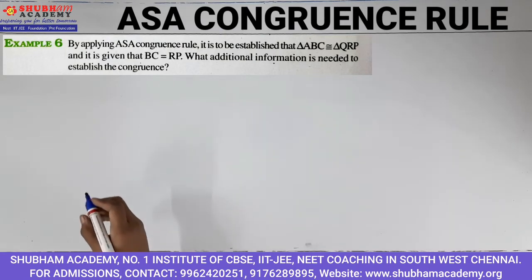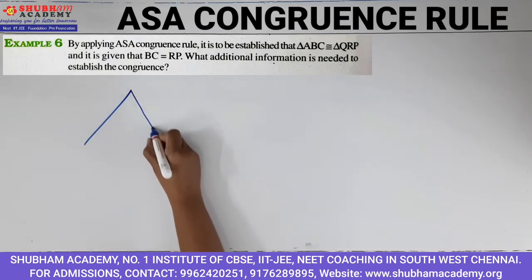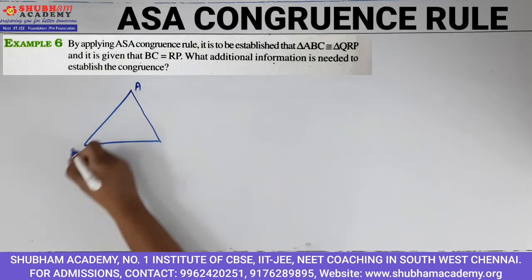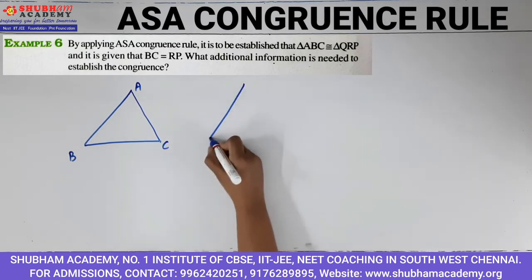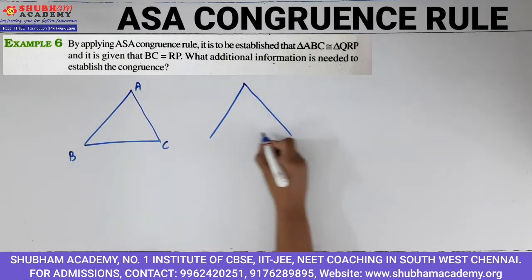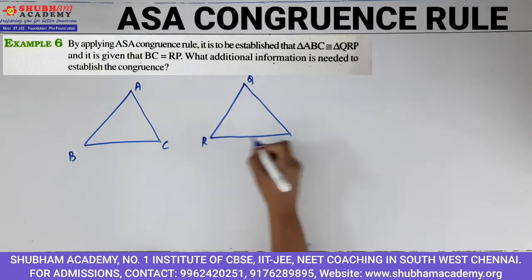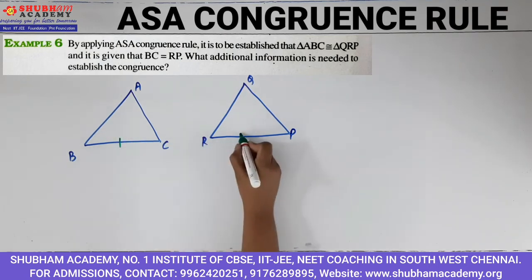So we'll draw triangle ABC and triangle QRP, and what they have given here, that BC is equal to RP.